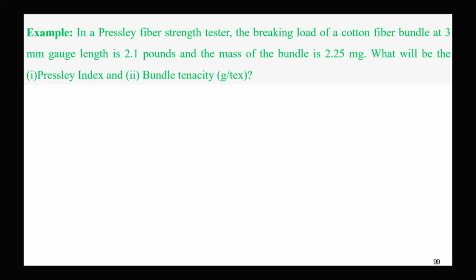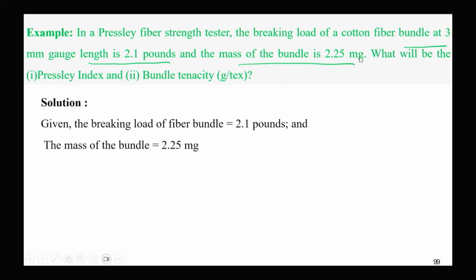Similar numerical: at 3 millimeter gauge length in the Pressley tester, the breaking load is 2.1 pound and the mass of the bundle is 2.25 milligram. So the Pressley index we can calculate.